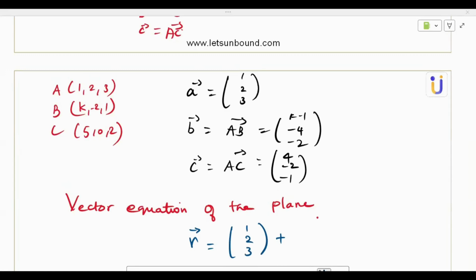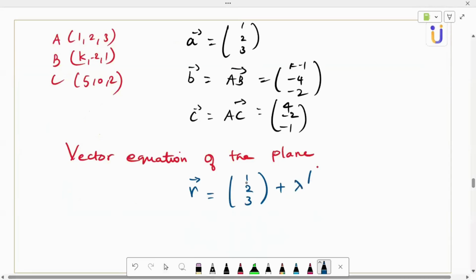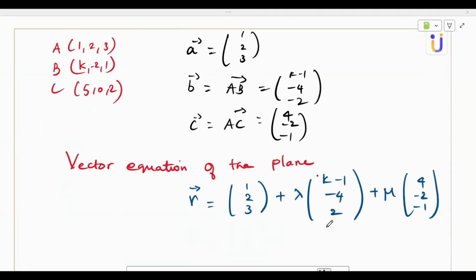You can use another constant also. We can use lambda times (K minus 1, minus 4, minus 2) plus mu times (4, minus 2, minus 1). This is the vector equation. Now, how to convert it into the Cartesian form, like the x, y, z form? It's very simple.